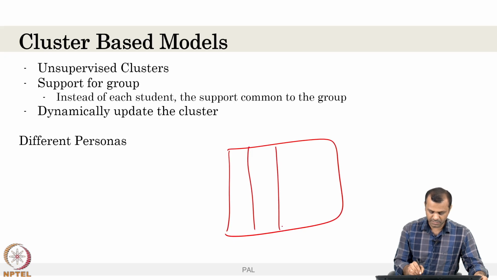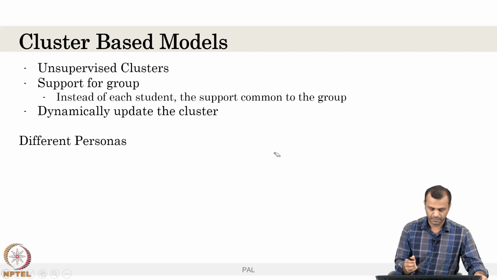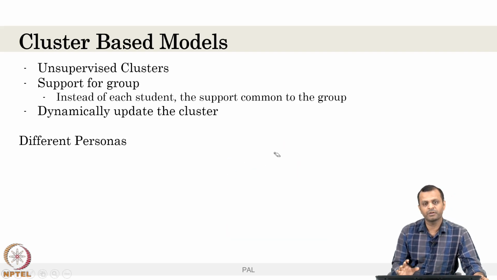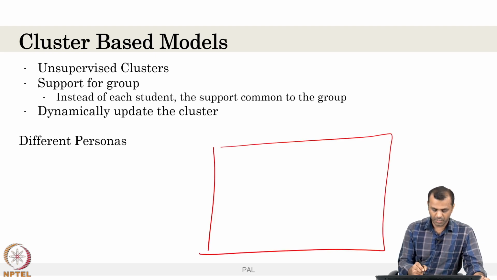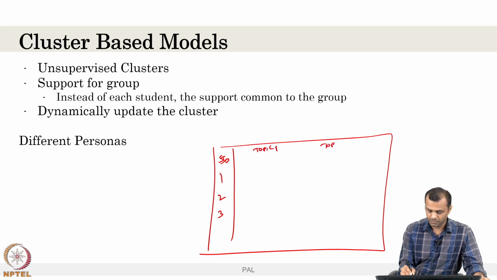The data, in the sense of the learner model, is student ID, Q1 response, Q1 time. Consider we have a learner model in a huge table. Now you have a student ID, and you have topic 1, topic 2, different topics.